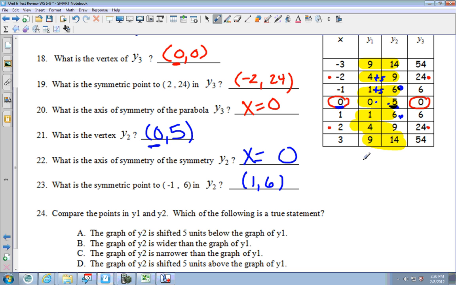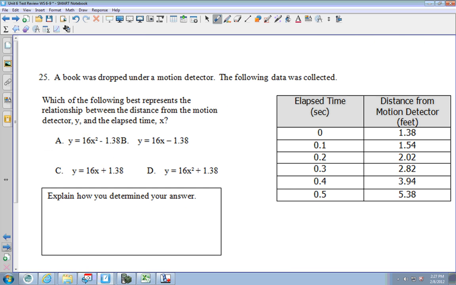So this must be shifted. It's going up 5 units. So y2 is shifted 5 units below y1. No, it's not wider. It is shifted below. Y2 is shifted 5 units above y1. Yes, it's going above by 5.